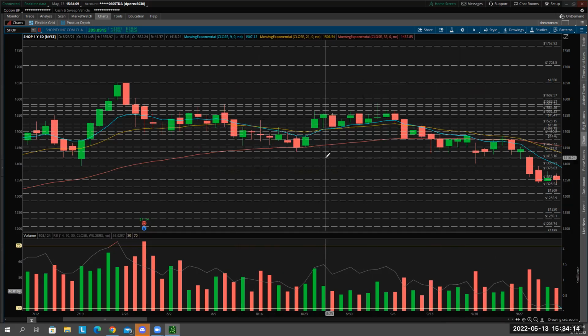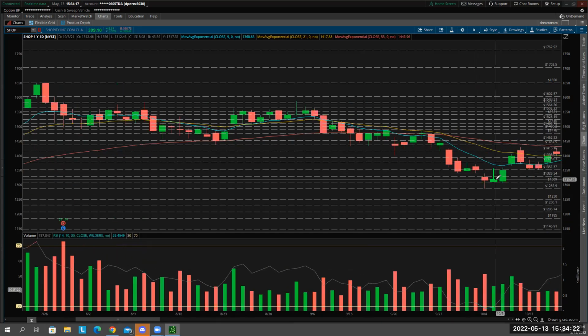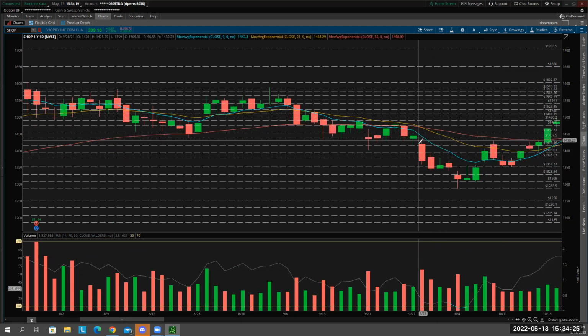A lot of support, a lot of rejection. Got the high of this, low of this. Low of this is 1423.44, 1425.55. So we're gonna do that, 1425.55.